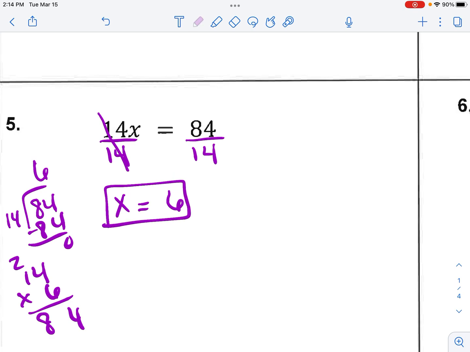Now I put 6 back in for x. 14 times 6 is 84. It checks out.